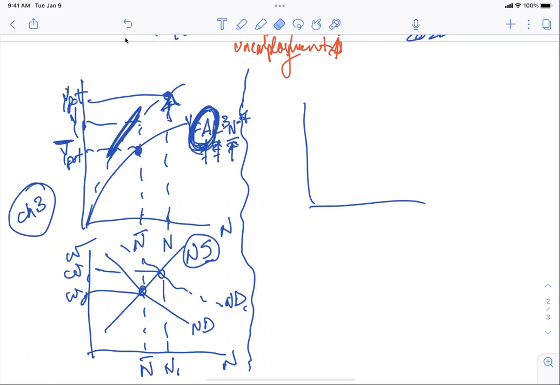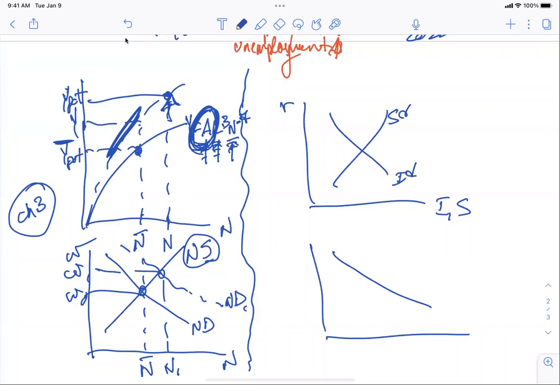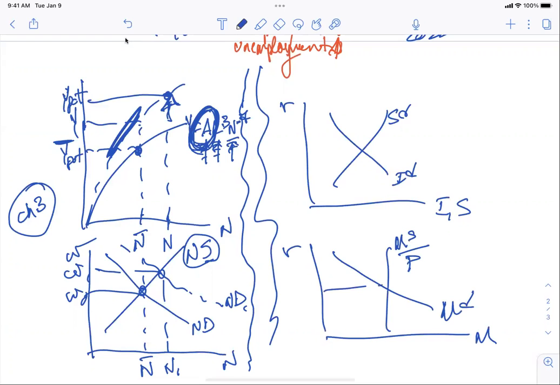Over here is the IS curve, and the asset market, money demand, real money supply, MS over P, right? This side of the line is spending: IS, aggregate demand.